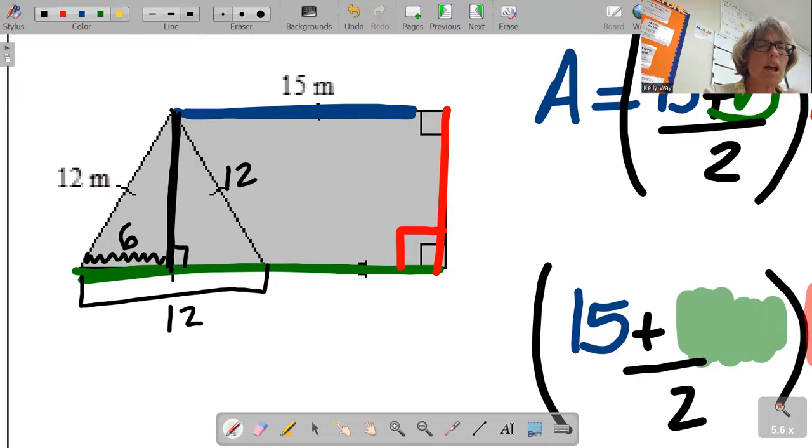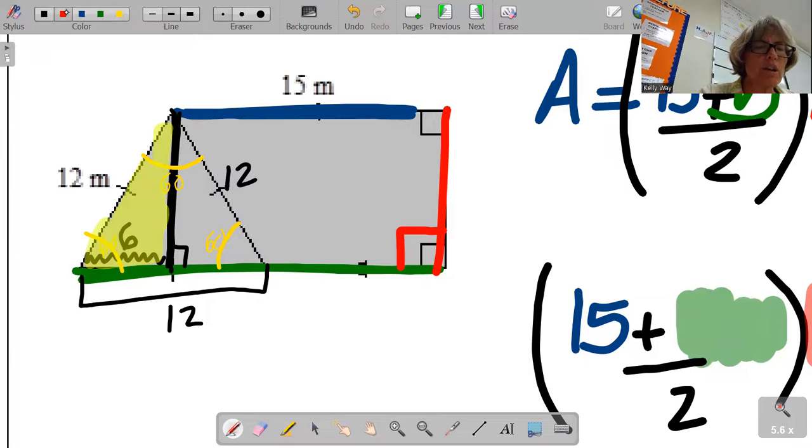And if it's equilateral, all three of these angles are equal, which makes them all 60, which makes this 30, 60, 90: short leg, root 3, short leg times 2.